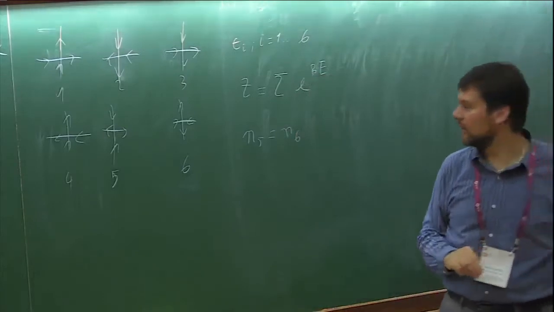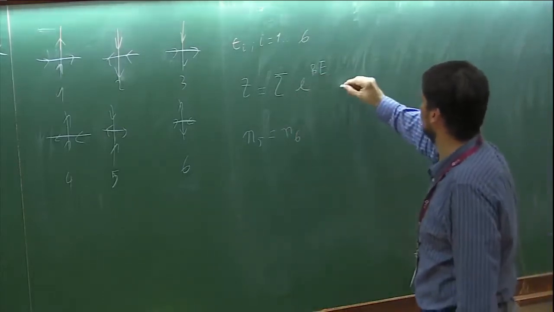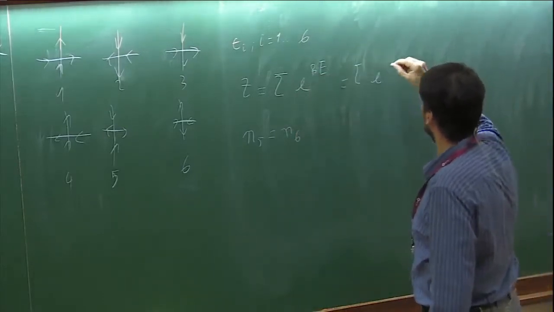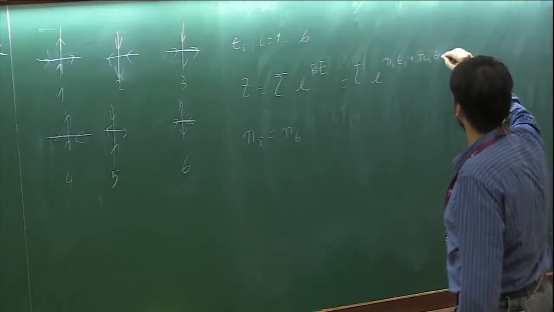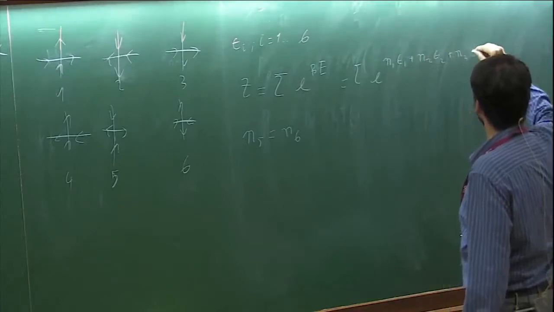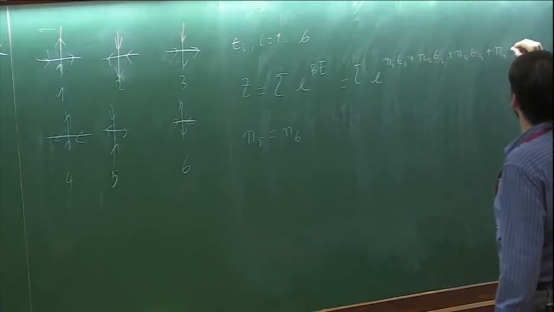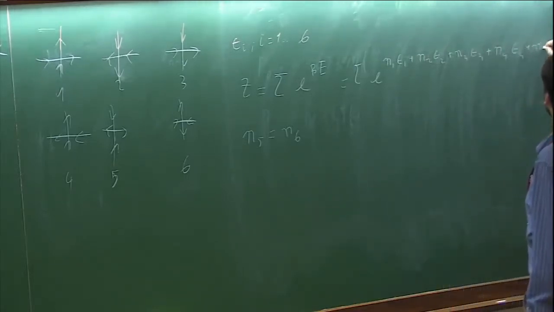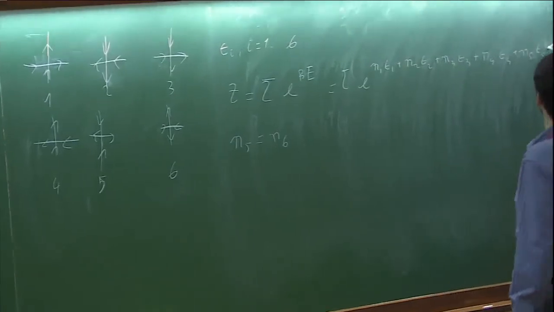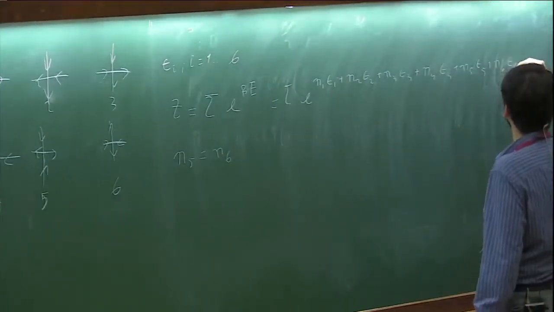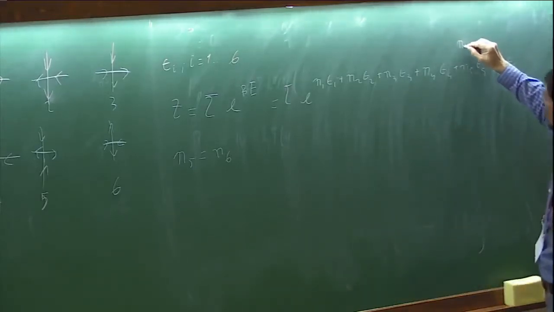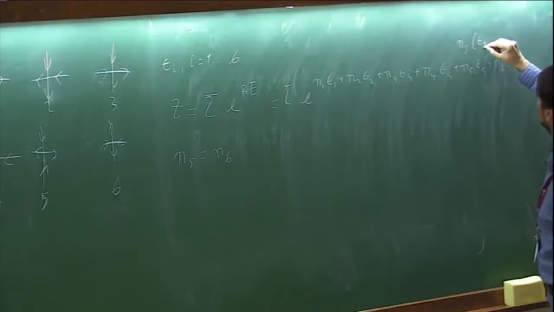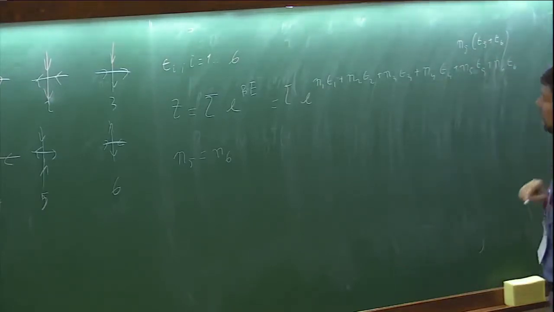But this means that since in this sum you have n1 epsilon 1 plus n2 epsilon 2 plus n3 epsilon 3 plus n4 epsilon 4 plus n5 epsilon 5 plus n6 epsilon 6, and since n5 and n6 are the same, I can write it like this.